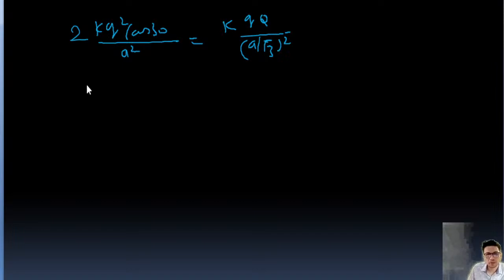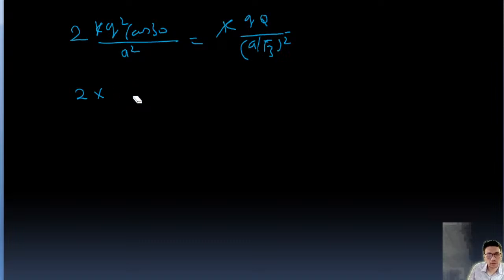So 2 into this one, k will get cancelled, small q also will get cancelled.